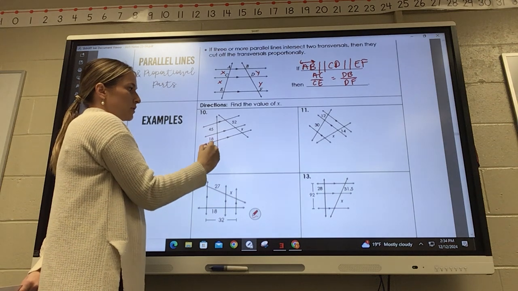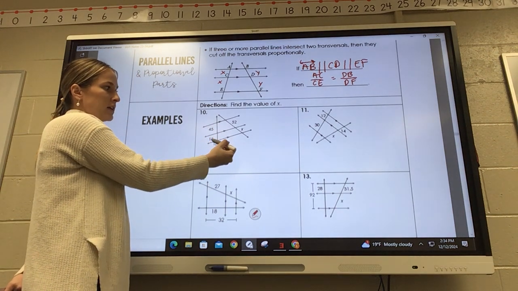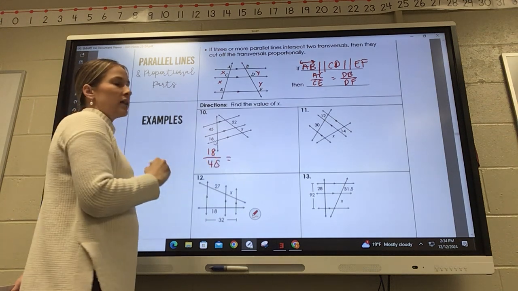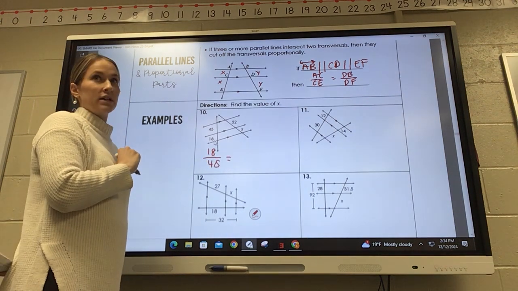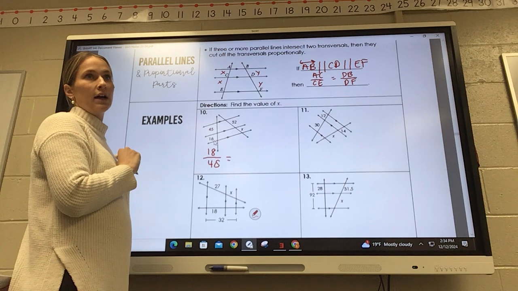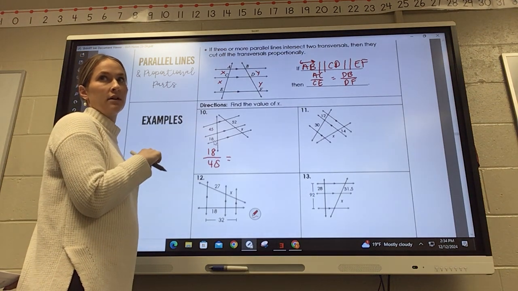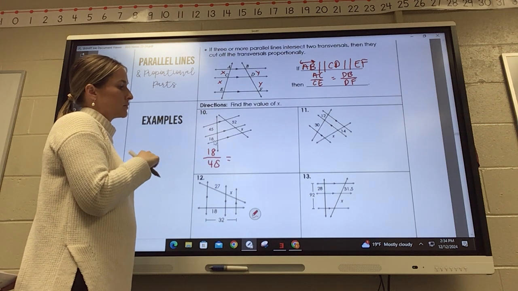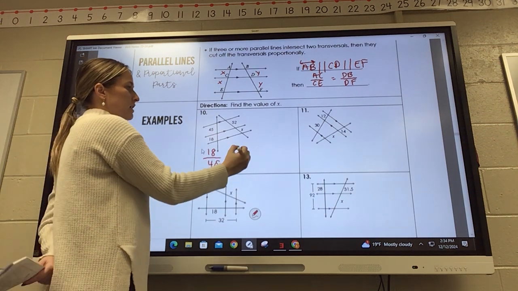It doesn't matter if you do 45 and 18 or 18, 45, I'm going to go 18, 45. So to match my other side, how do I need to set up the other side to make it correspond with the first way? 52 or X is 52. Right, because I put the 18 on top, right?